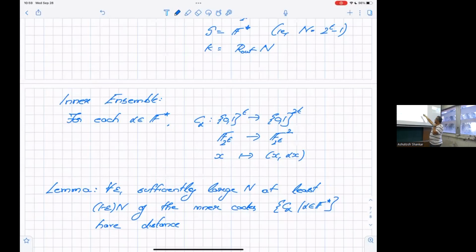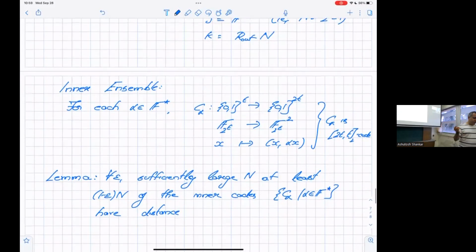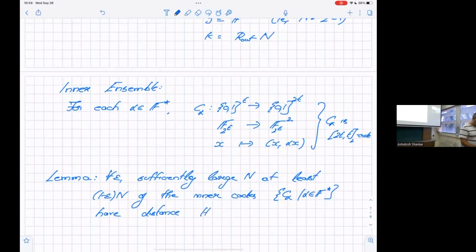The rate of C alpha is half, so C alpha is a [2t, t] code. What Gilbert-Varshamov will tell you is that the distance should be H inverse of half. We'll show that most of them have fractional distance H inverse of half minus epsilon. So that's the lemma which we will prove.